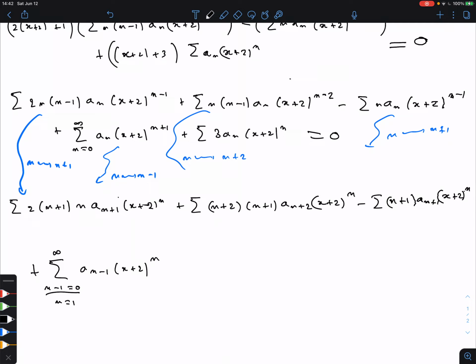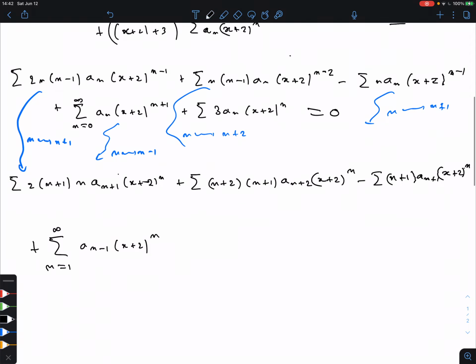So that's why they all start from 0, but this one does not start from 0. Okay, so I'll write it here. This is n equals 1, and then finally we have that one we don't need to shift, luckily, the last one.